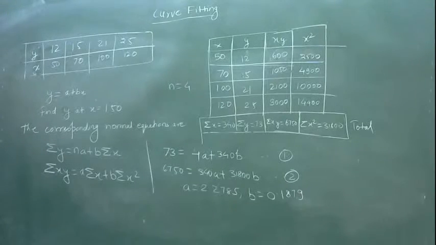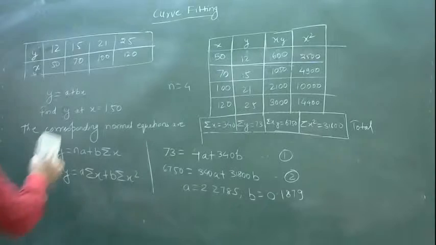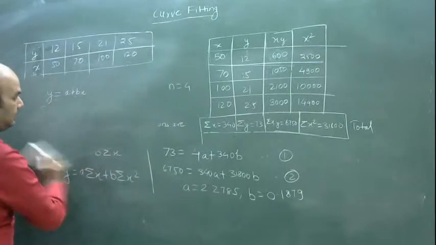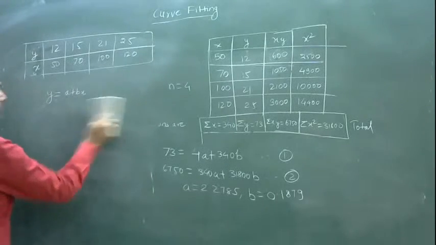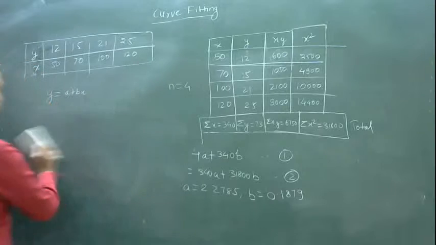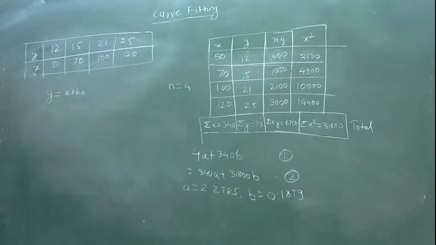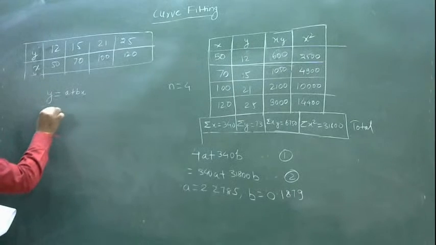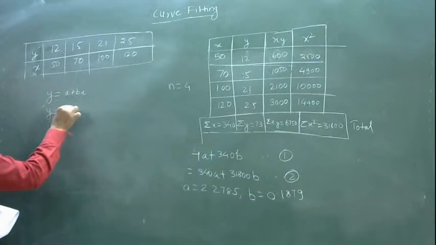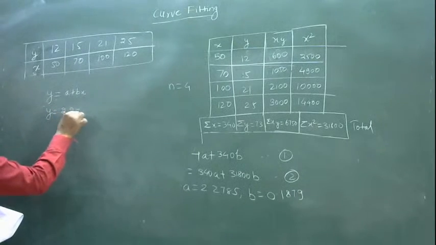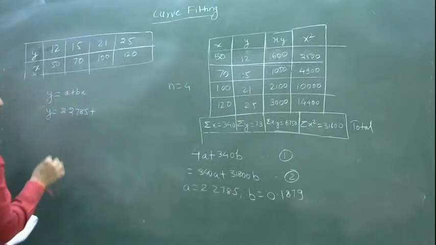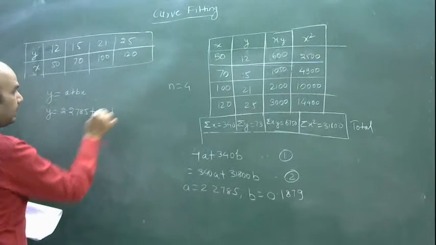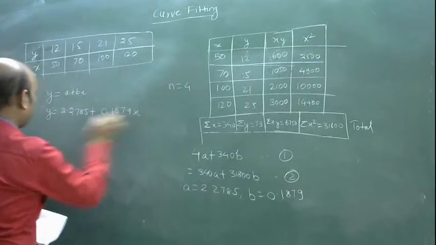So now substitute these values of a and b, you will get y equal to 2.2785 plus 0.1879 into x.